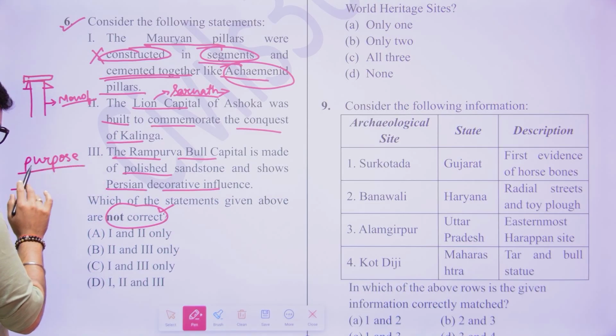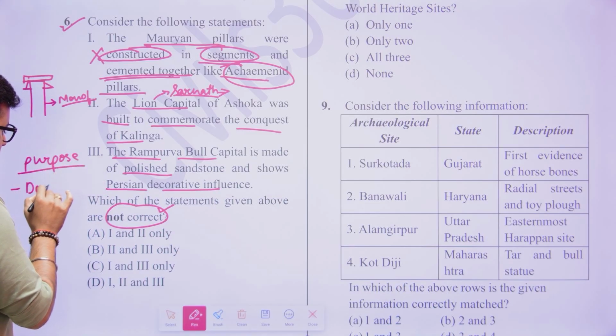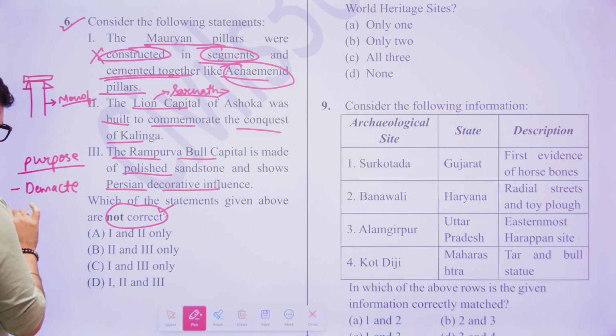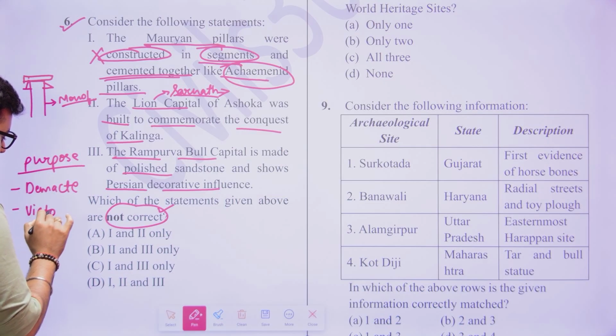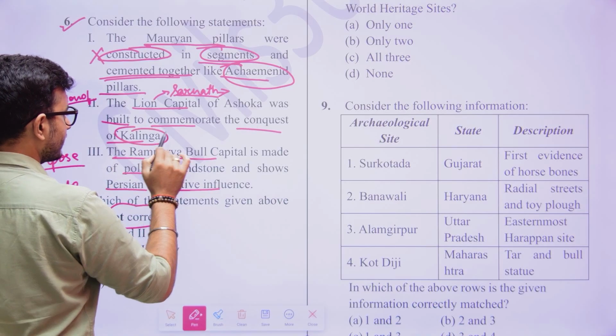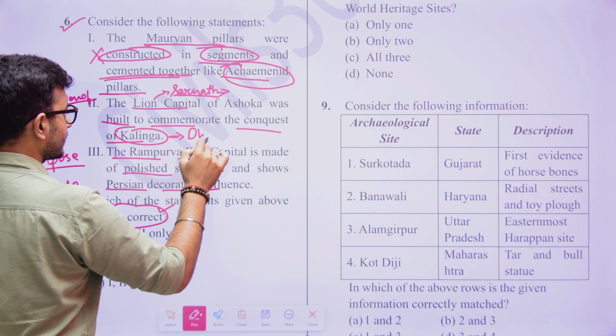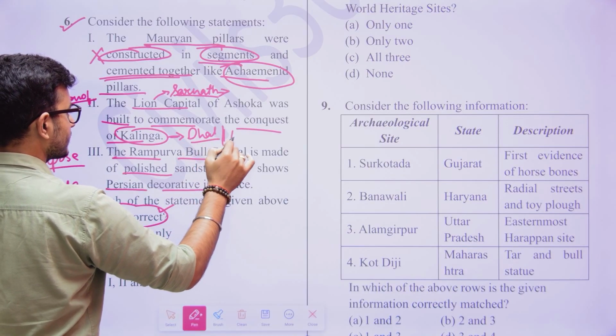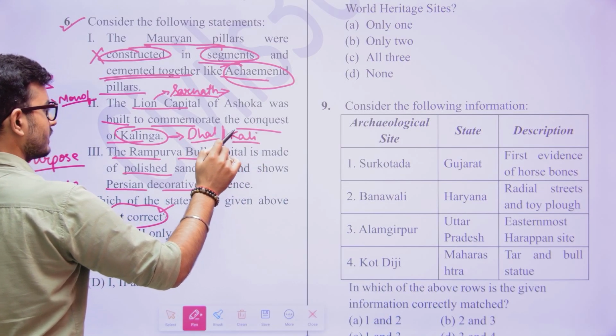The first purpose was to demarcate his territory, that these territories belong to him. Second was for any victory. For the victory in Kalinga, he constructed the Dhauli pillar inscription, or the Kalinga inscription. So that was there.